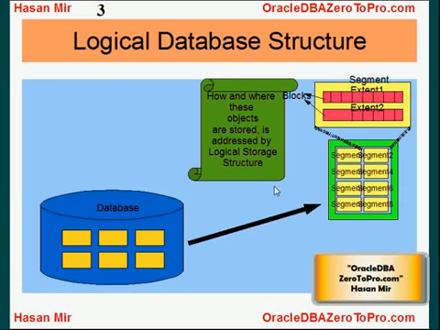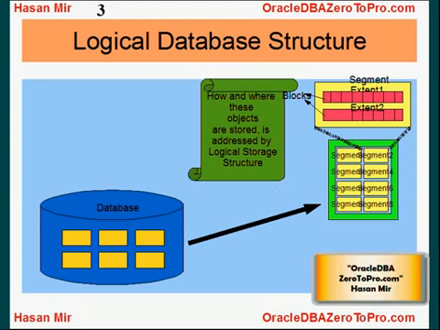It's very important that you are able to distinguish between logical storage structure and logical database structure. We have studied logical storage structure in previous tutorials. We have talked about extents, segments, table spaces. These are all part of storage structure. How and where the objects which are part of database structure are stored is addressed by the storage structure.